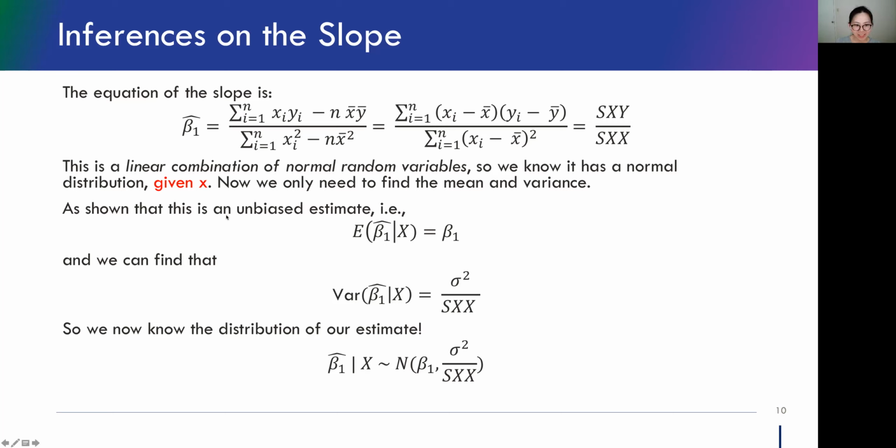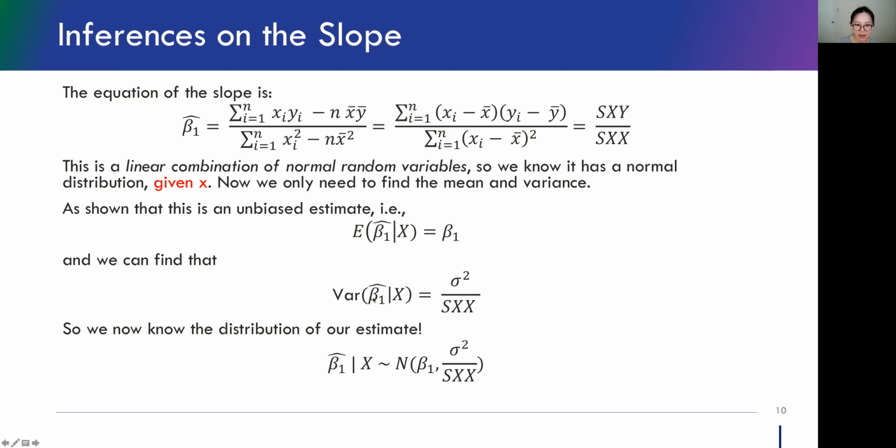As shown, this is an unbiased estimate, so the expectation of beta 1 hat given x is just beta 1. We actually showed that both the intercept and slope are unbiased estimates. Here we just focus on the slope, so its expectation is equal to the parameter beta 1.